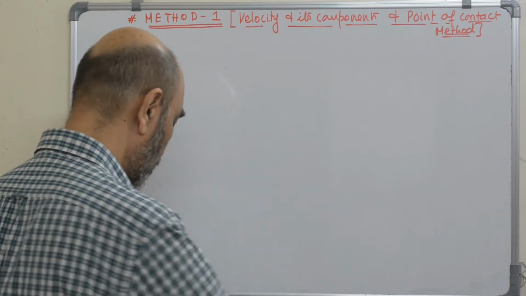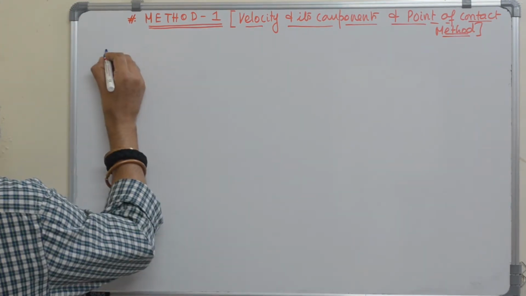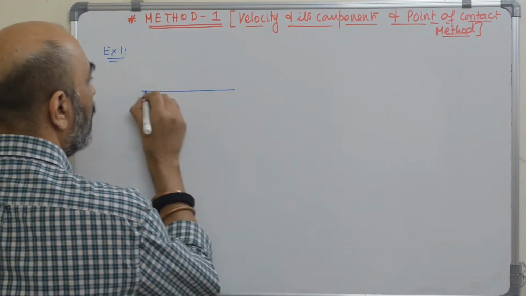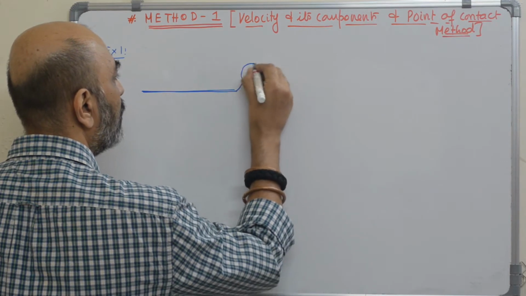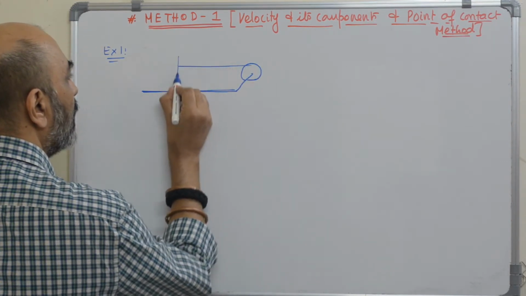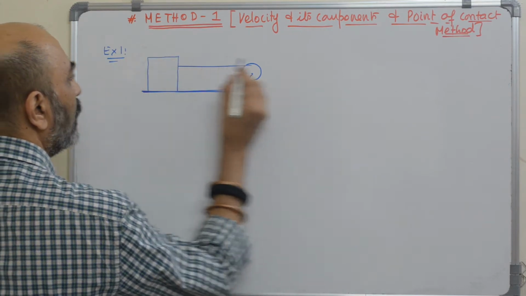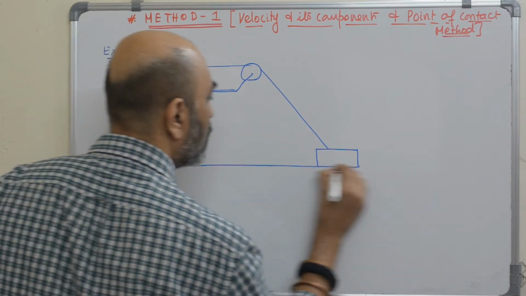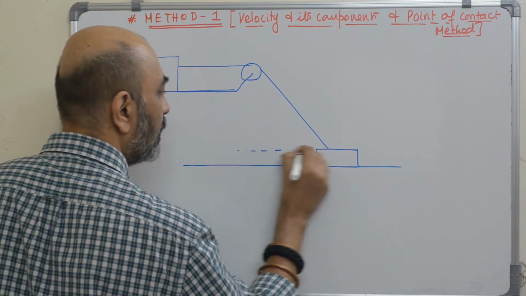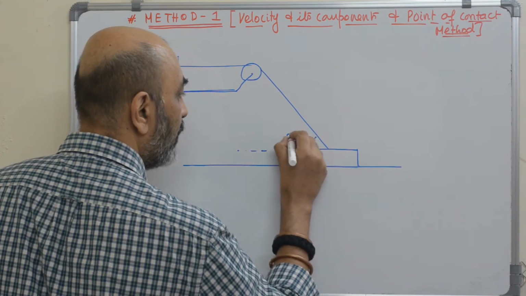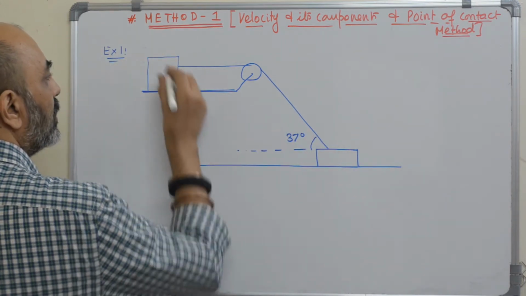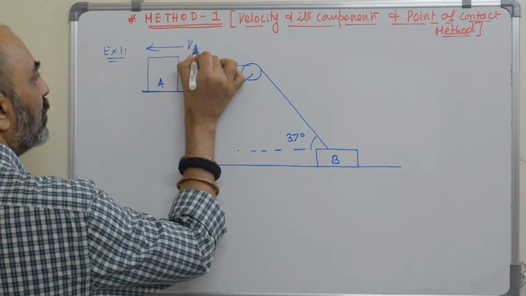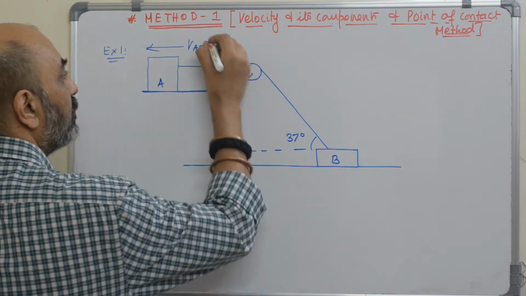Okay, so first question, example 1. We have a surface here, we have a pulley there, and we have a block, and this is connected to another block, and this block is on this surface and this angle is 37, all right, and this is block A, that is block B. The velocity of block A is 10 meter per second.